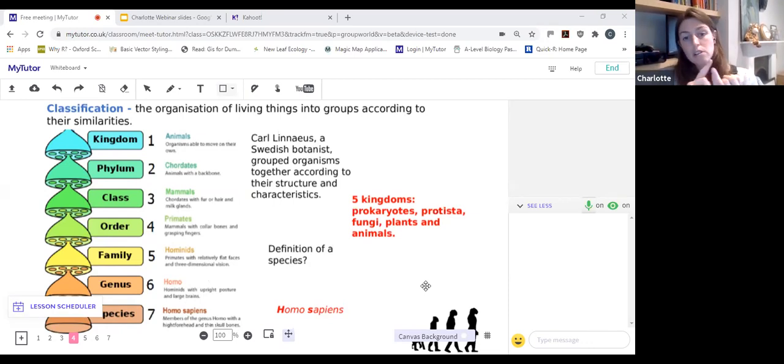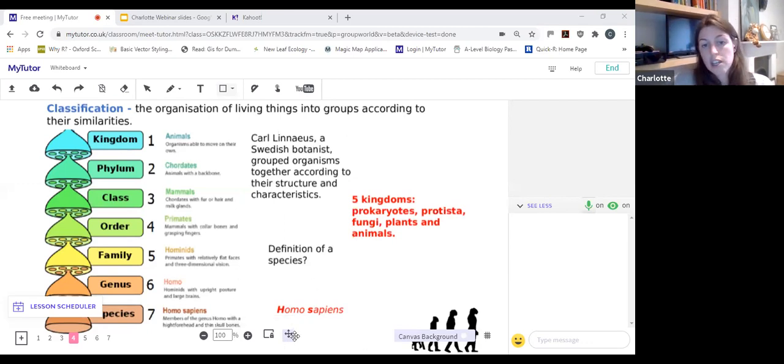They must be written with a capital letter for the genus, so I've done an example here, and then a small letter at the beginning of the species, and they should be written in italics. Or if you're handwriting them, you can underline them. So make sure in your exam that if you're quoting any scientific names, you underline them if you're handwriting, or if you're using a computer, then pop them in italics. That's the proper way to write them.